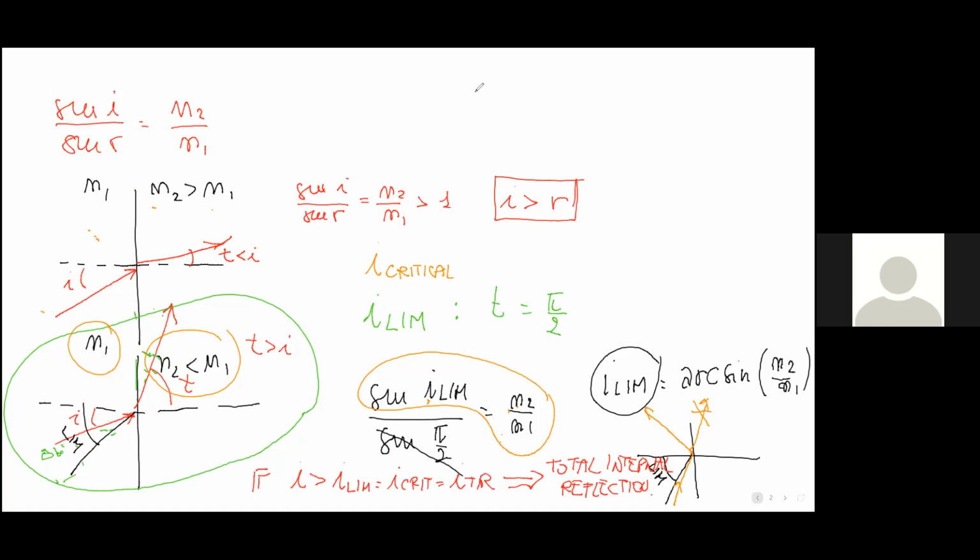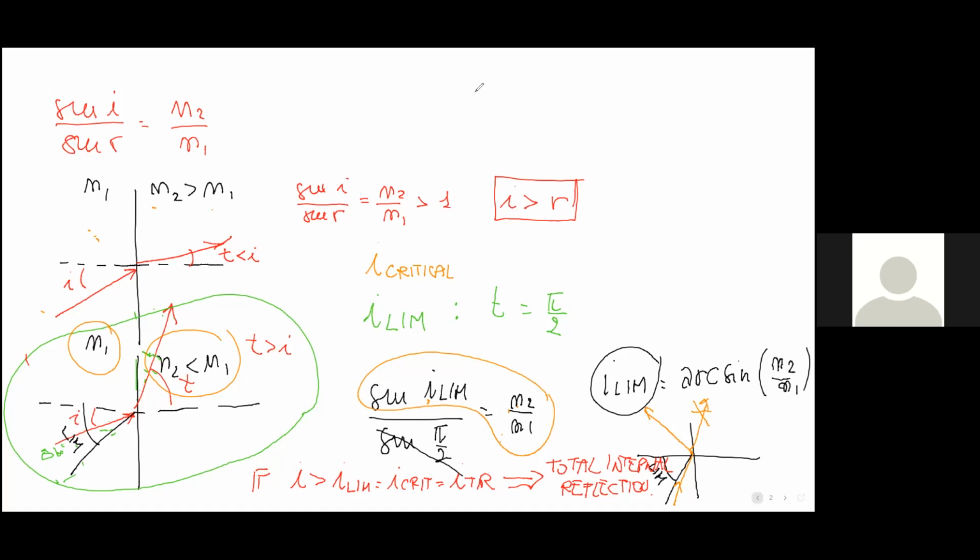Okay? And this happens only under these conditions: if N1 is larger than N2. So if you go from a medium with a larger refractive index to a medium with a lower refractive index.